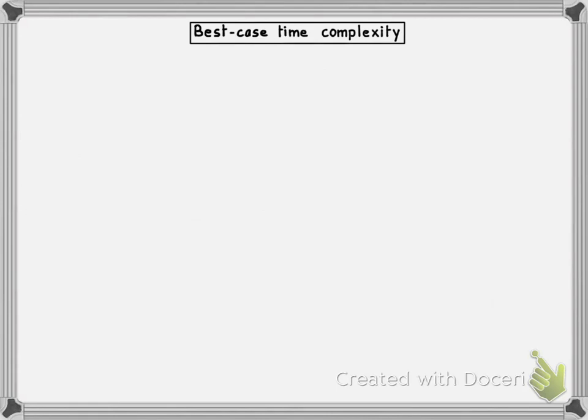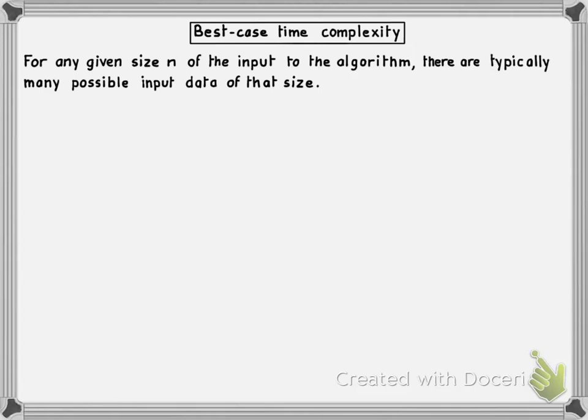Let's start with the so-called best case time complexity. Notice we just argued that for a given size n of the input to the algorithm, not only are there typically many possible input data of that size, there are many possible sequences of size 5, since you could pick any integers for each one of the 5 elements, and then you could randomly shuffle them in any order.